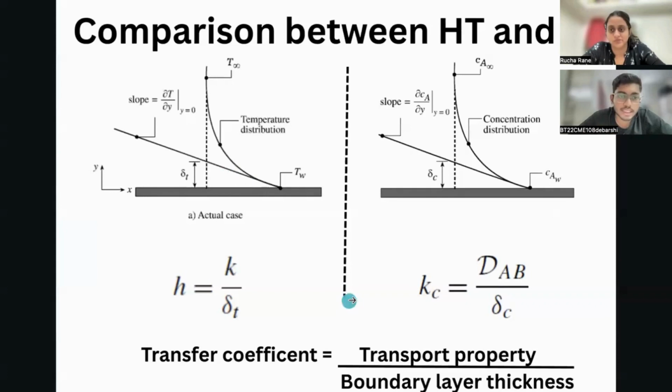So here we can see the relation between thermal conductivity and heat transfer coefficient. And in the case of mass transfer, we can see the relation between diffusivity and mass transfer coefficient. Both of them have the ratio with the thickness of the stagnant film. And here also we can see the similarity.